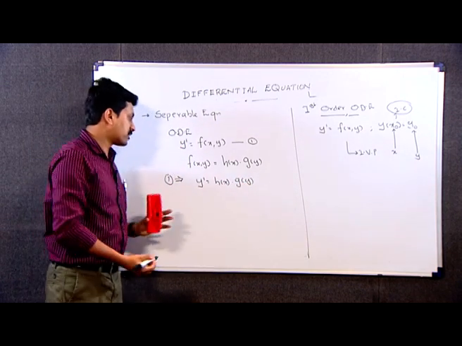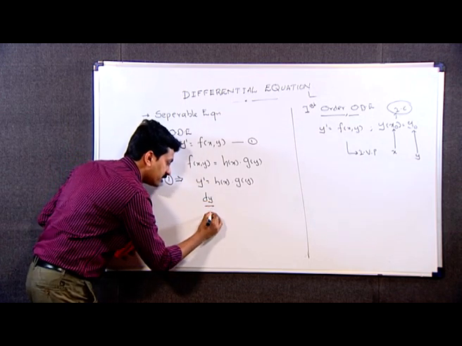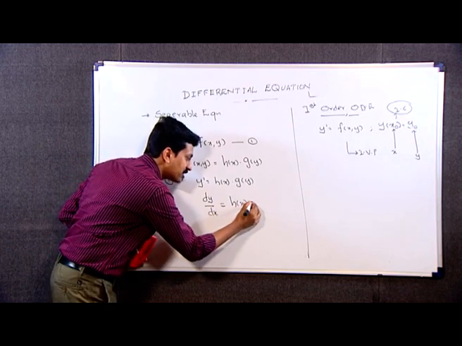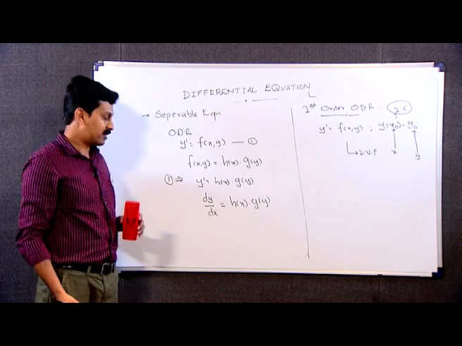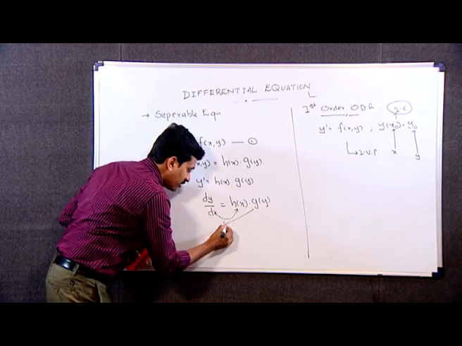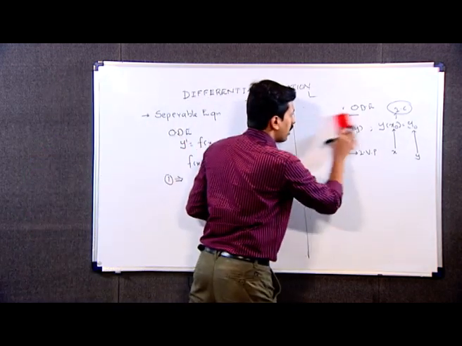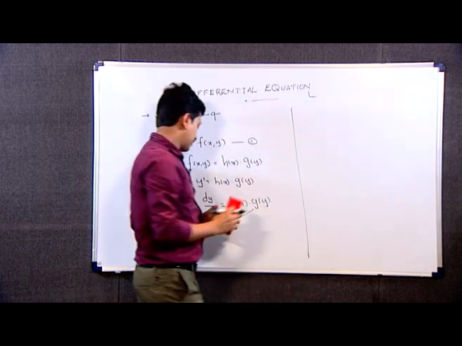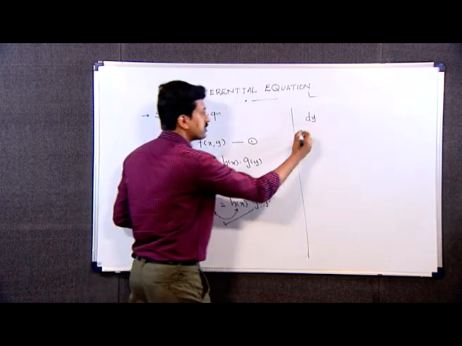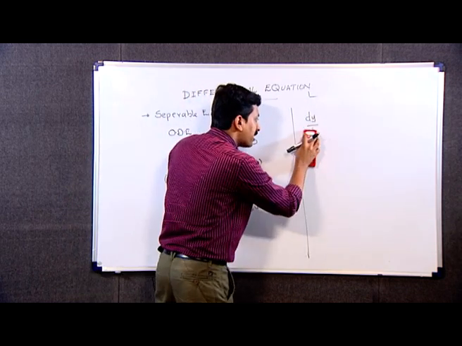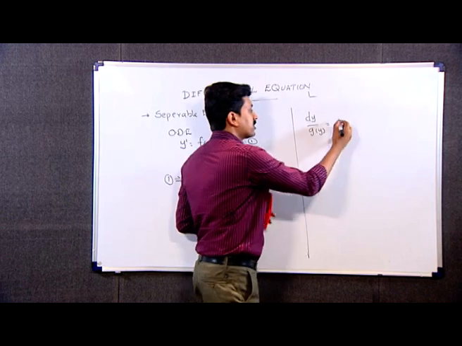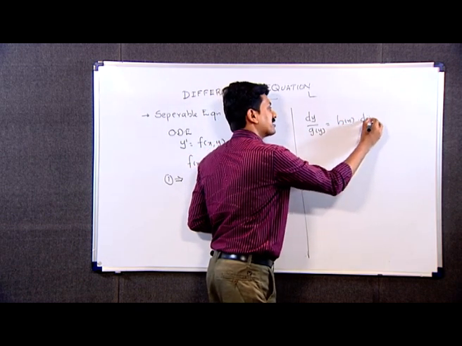Instead of y dash we can write dy by dx, so dy by dx equal to h of x into g of y. I like to bring this dx to the right side and this g of y to the left side. So we can write dy divided by g of y equal to h of x into dx.